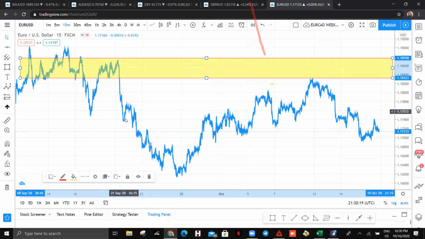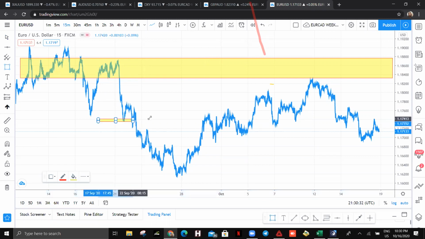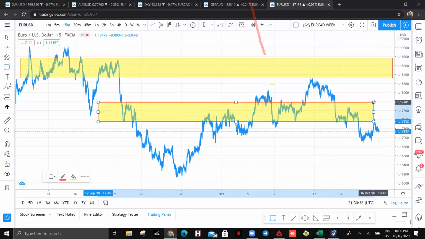After this breakout, when price broke out again was here, this area. So what you would do is pick a rectangle box and do what? The beginning to the end, stretch it to the future.